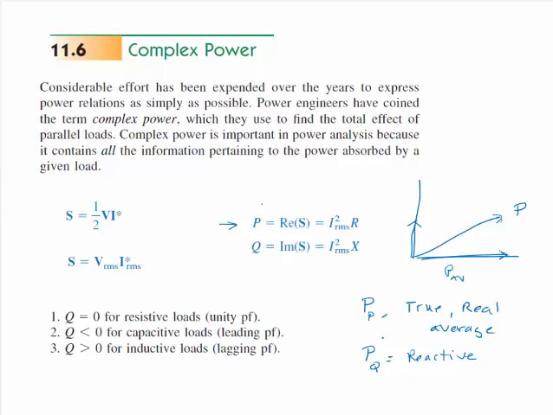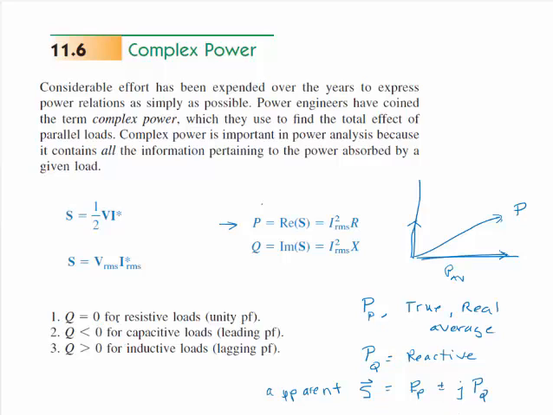And that's the imaginary part of S. And then there's S, which is P plus or minus jQ, which is your apparent power.